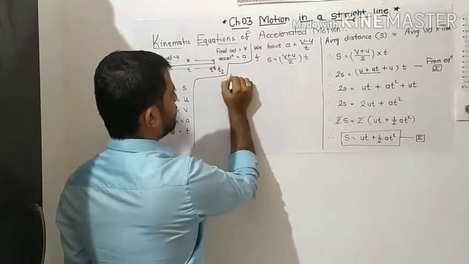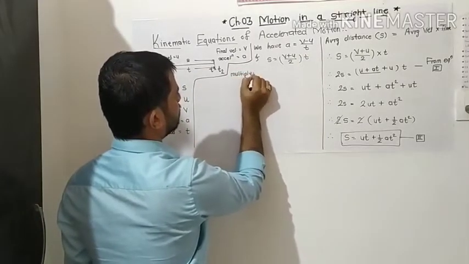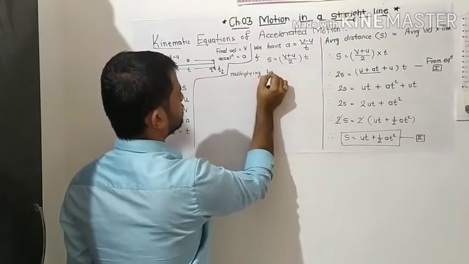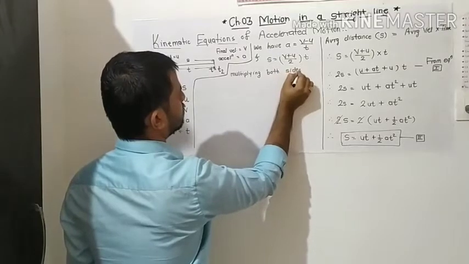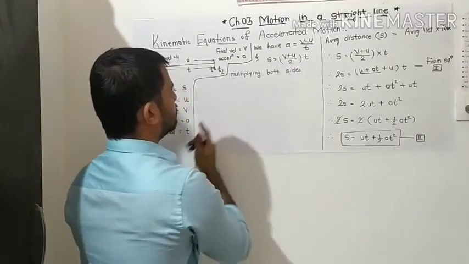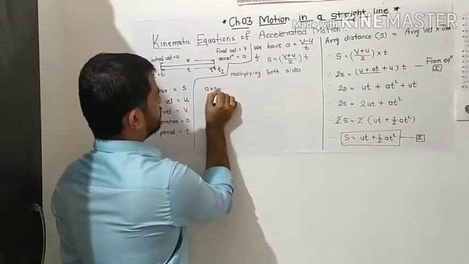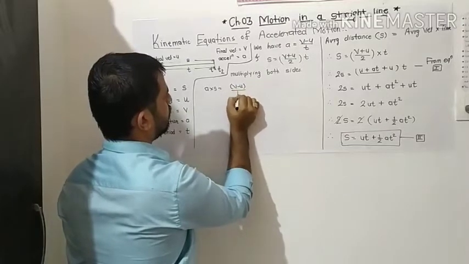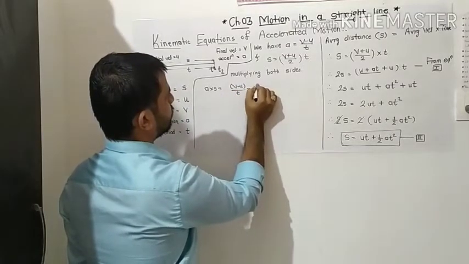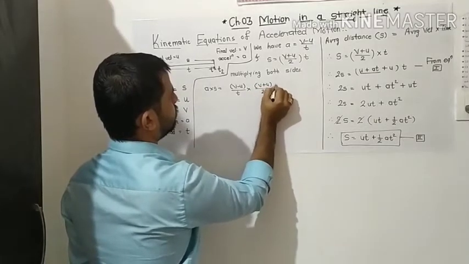So multiplying both sides, we will get a into s is equal to v minus u upon t into v plus u upon 2 into t.